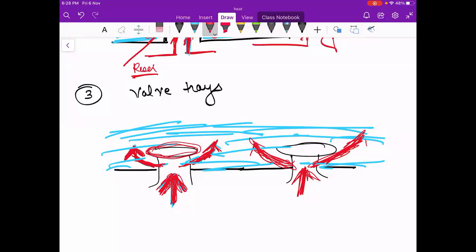Okay, for a good mixing, because I have told it is good for mixing. So when mixing is good, turbulence will be more. Okay, and turbulence is good for the heat transfer and mass transfer.